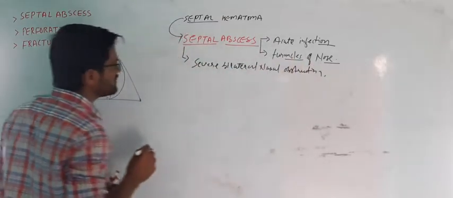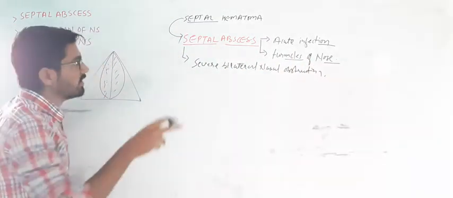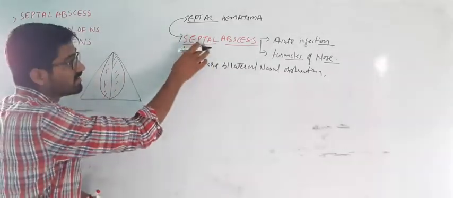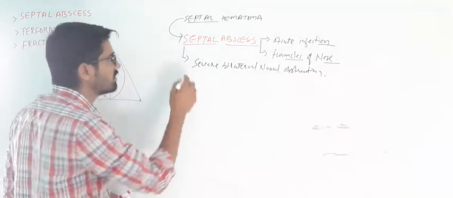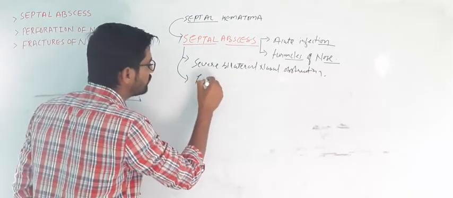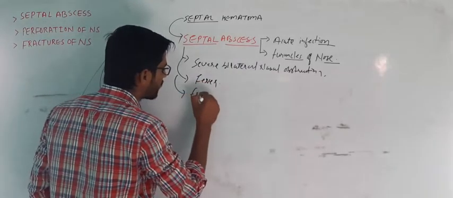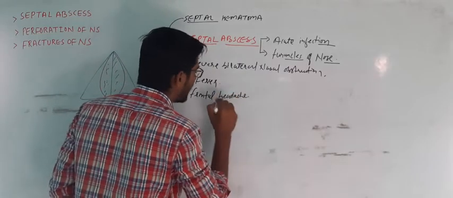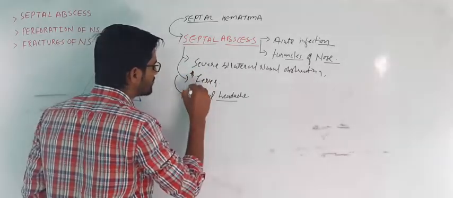The patient complains of severe bilateral nasal obstruction. If there is infection, there will be fever. How will this fever come? Fever and frontal headache. The examiner will ask why this fever and this frontal headache.